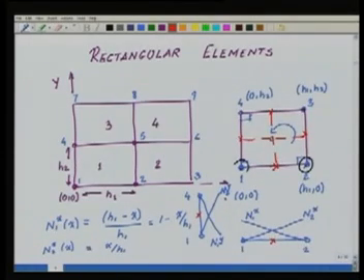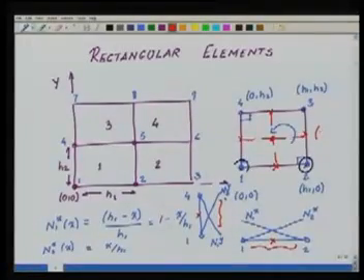So I will get an additional node in the middle. So you will see that there are 9 such functions, because we are talking of products: 3 functions on this edge, 3 functions on this edge, 3 into 3 I have 9, and these 9 functions are nicely given here in terms of these nodal values. So if I have to give these 9 functions in terms of the quadratic, I will define the quadratic shape functions on the edge and multiply for the 2 edges to get the quadratic shape functions for the element.